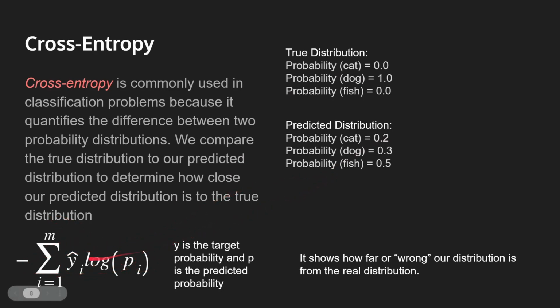In this example, we take our predicted distribution 0.2 times log 0, we add it, and then we take the predicted for dog, 0.3, and multiply it by the true value, which is 1, log 1, and then we add it. After we get the sum, we make it negative. So that's pretty simple.